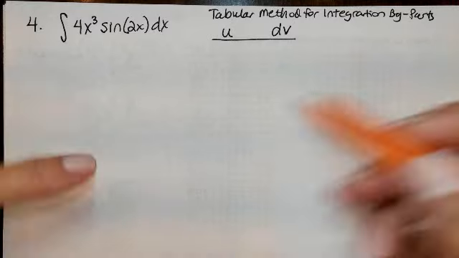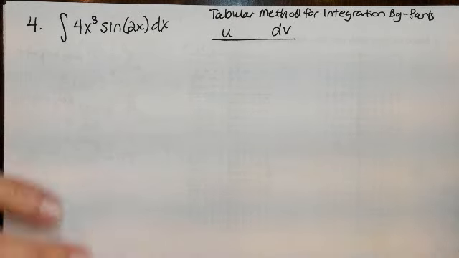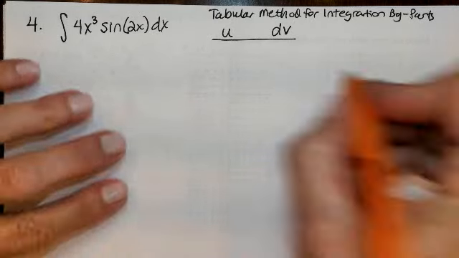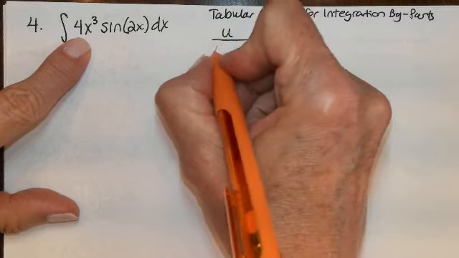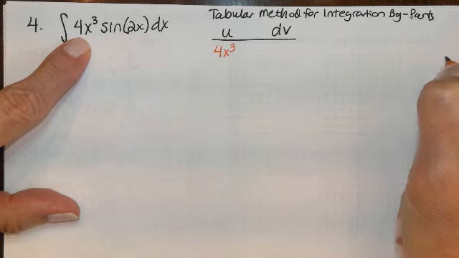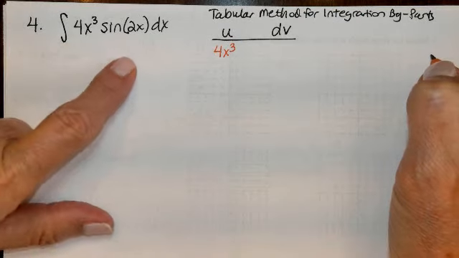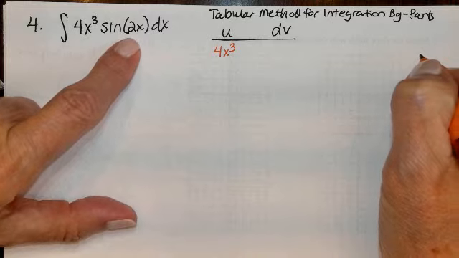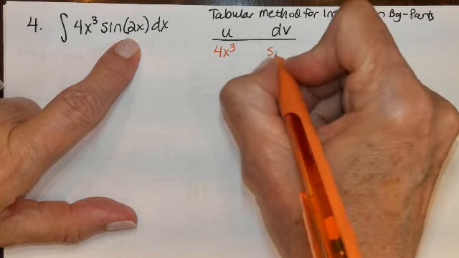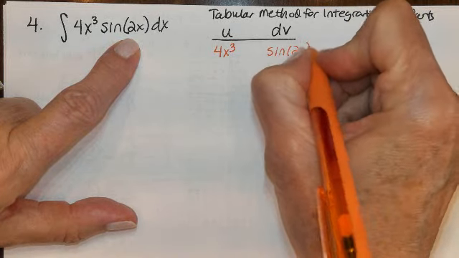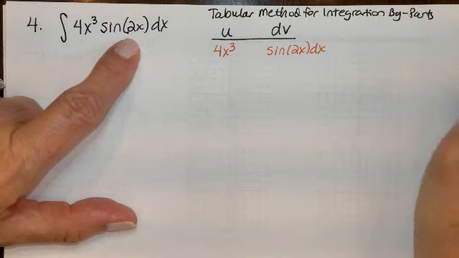Write down what your first u would be and what your first dv would be. Our first u here would be 4x cubed, right? Our first dv then would be everything else. All right?